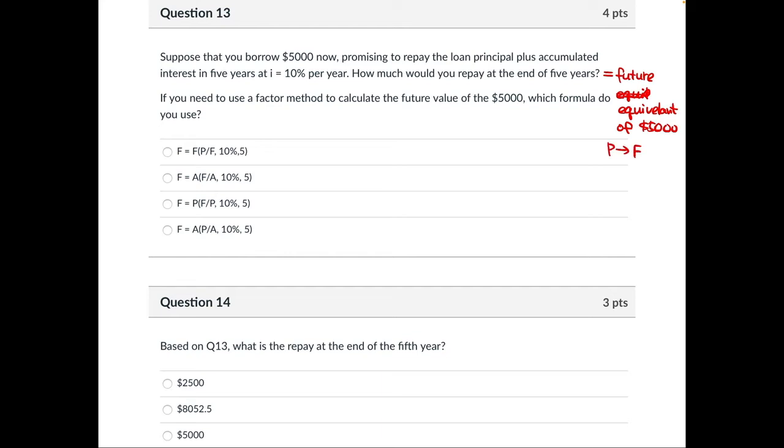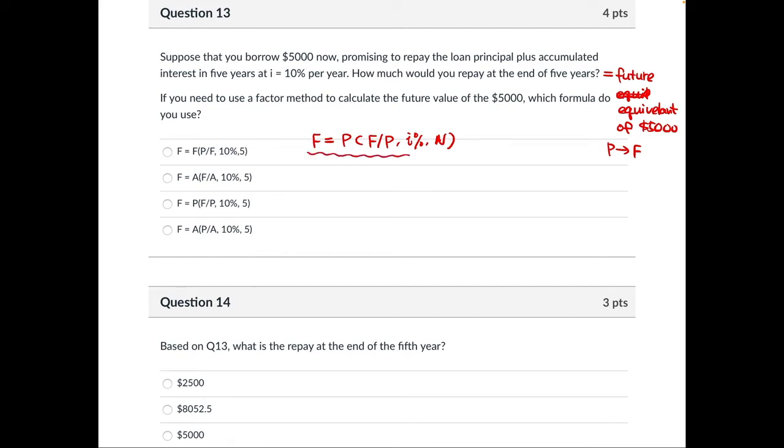To do that, the formula is what? F equals P times (F/P, i%, N), right? And here, if you need to use a factor method, which formula to use?